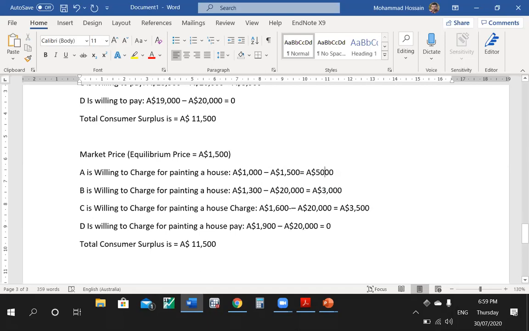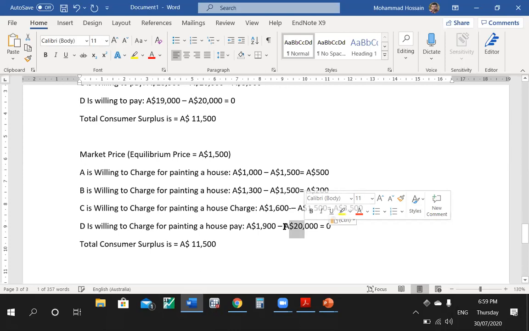That is producer surplus. Here also the same case will come up. B gets $200. And C thought he's not going to work for less than 1,600, so he has no job. In this case, he got no job.